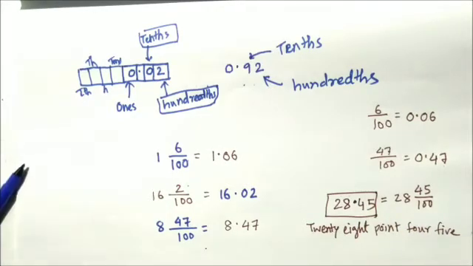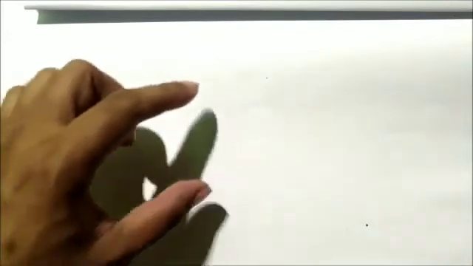Now, going to the thousandth part. I will not explain much about the thousand, because I have already discussed the tenth as well as the hundred. So about the 1000, the same thing will be repeated. In the case of tens, we took 10 small boxes. In the case of hundreds, we took 100 small boxes.